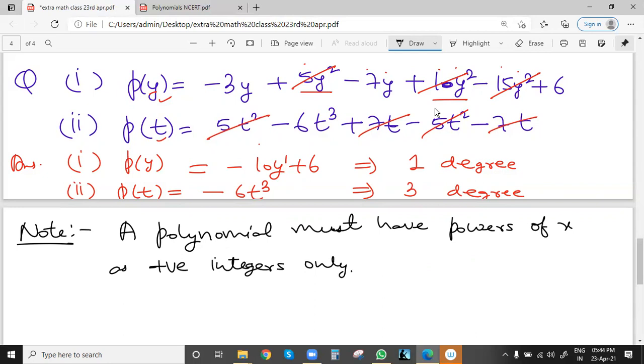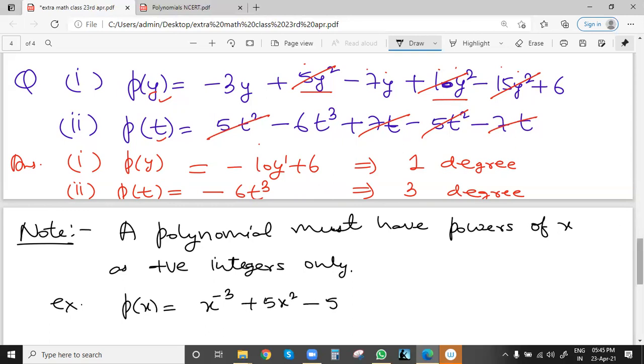See, a polynomial must have powers of x, or when we say degree, the powers of x are degrees only as positive integers. So, suppose this is the polynomial x to the power minus 3 plus 5x square minus 5.